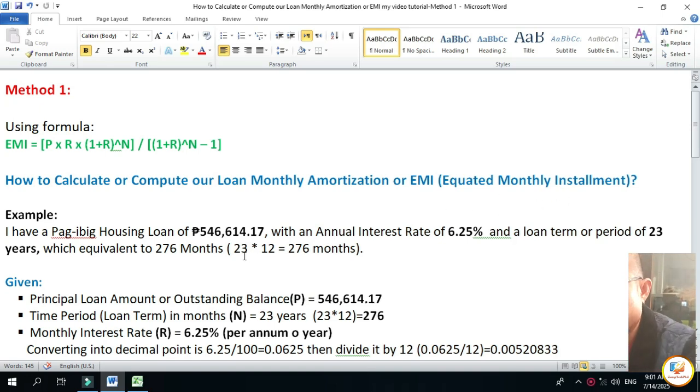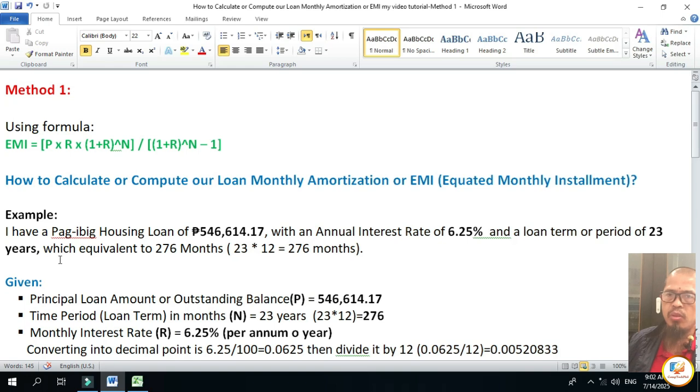This is the example case that we're going to calculate, using this formula: P times R times open parenthesis 1 plus R close parenthesis to the exponent of n, which is the time period, divided by open parenthesis 1 plus R close parenthesis to the exponent of n, minus 1. This is the formula that we are going to use in this computation.